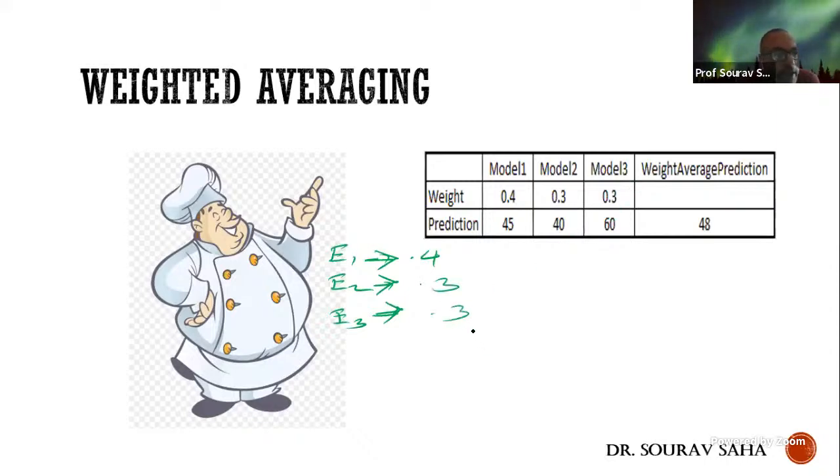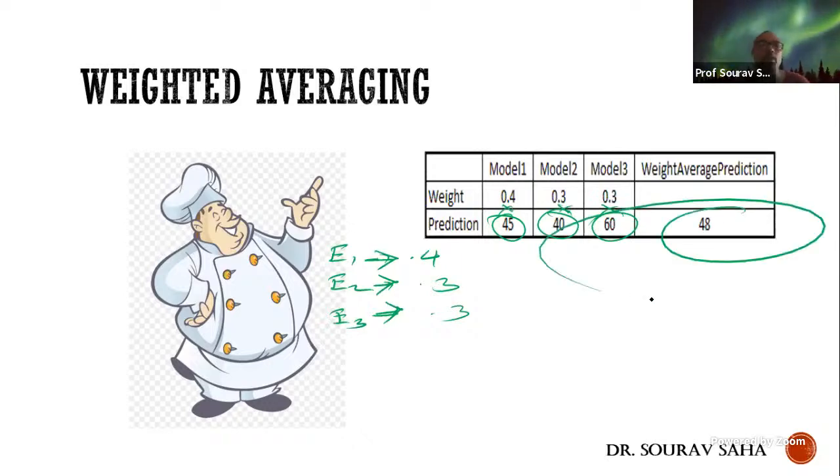So out of 100, these are the weightages: 40% for expert 1, 30% for expert 2, and 30% for expert 3. Expert 1 came up with a prediction of 45, expert 2 came up with 40, and expert 3 came up with 60. I'm multiplying by their corresponding weightages, and this is the final one. That is the weighted averaging piece.